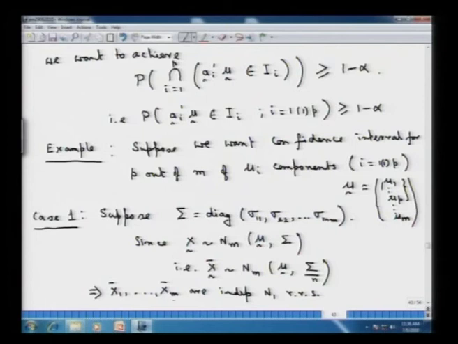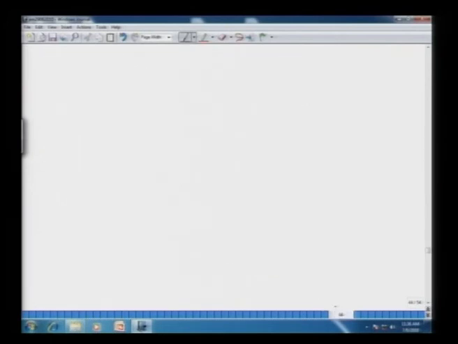So, since we have x1 bar, x2 bar, xm bar to be independent N1 random variables, in particular xi bar follows a univariate normal distribution with mean mu i, the corresponding component in the mean vector, and variance sigma ii divided by n. This is true for every i equal to 1 up to m, and in particular this would be the case if we are looking at any p of the components in mu and the corresponding components in the x bar random vector.